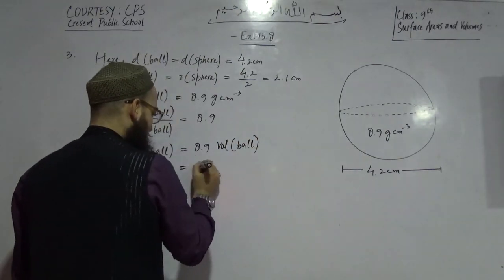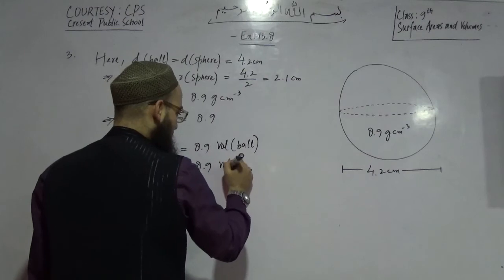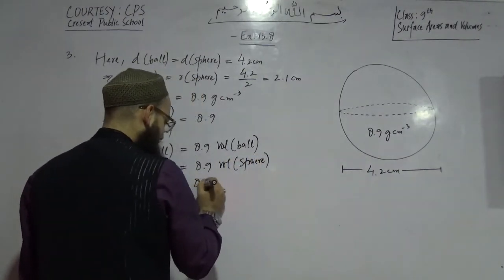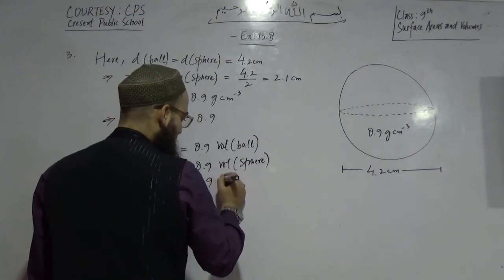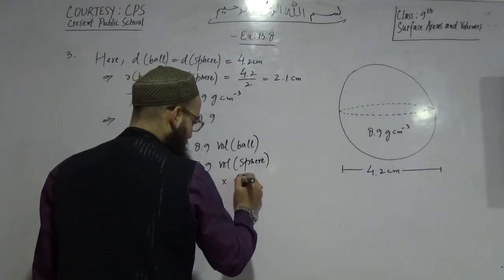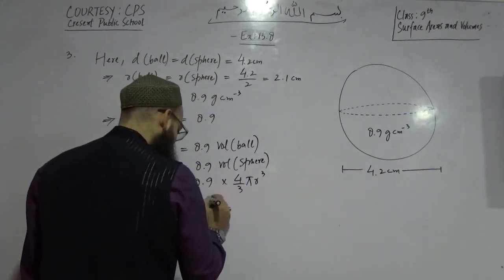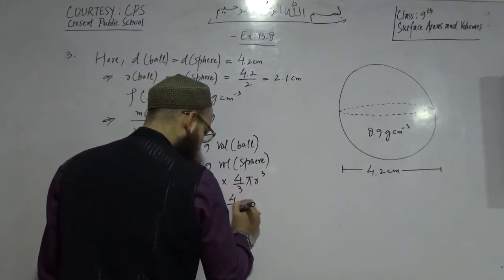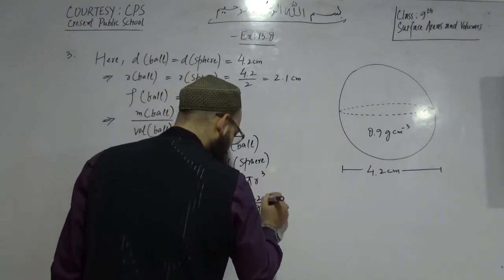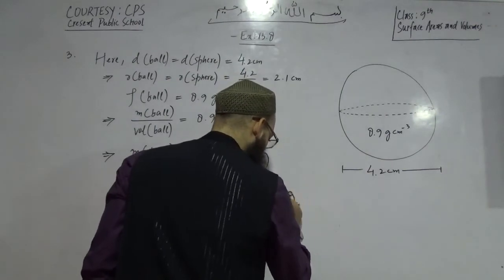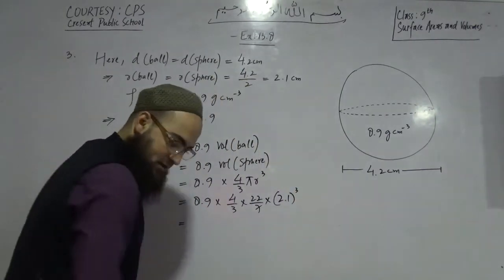Got it? Now volume of ball is volume of sphere, and that is nothing but 8.9 times 4 by 3 pi r cube. And that is 8.9 times 4 by 3 times 22 by 7 times, now r is 2.1, so you have 2.1 cube.